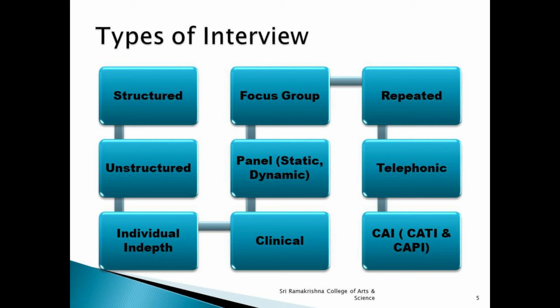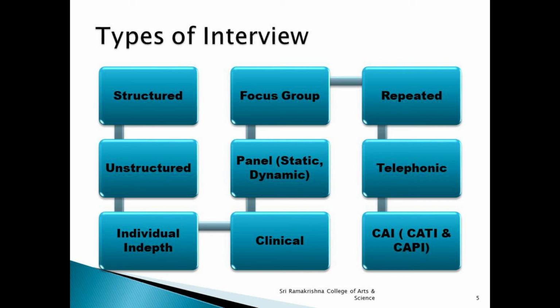Next is the telephonic interview. Researchers search telephone numbers of people and contact them to get the information. These interviews are very convenient for the researcher as they save traveling cost and time. The next one is the computer assisted interview. It has two types: computer assisted telephonic interview and computer assisted personal interview.